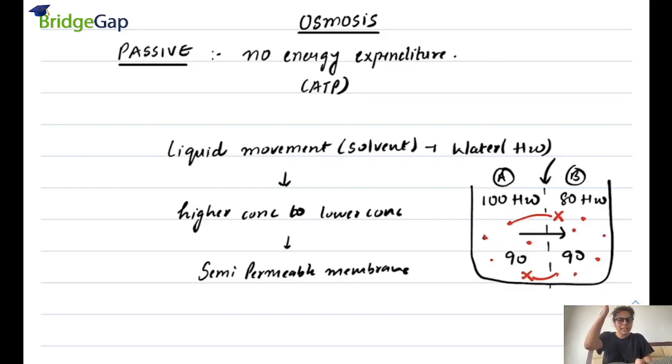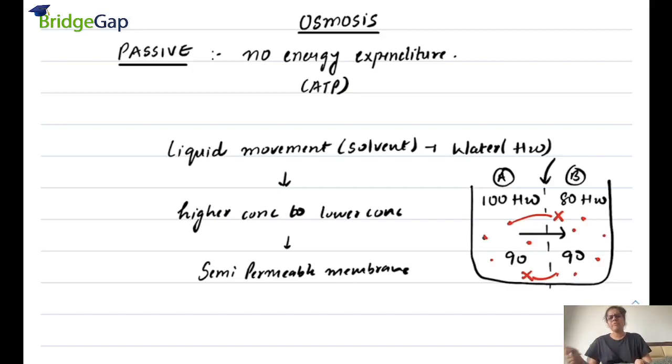So I will go for a summary of the entire osmosis. Then with some illustrations, we will understand the concept and solve some questions which are important from the Olympiad point of view, which are normally asked in your school examinations as well as college examinations.